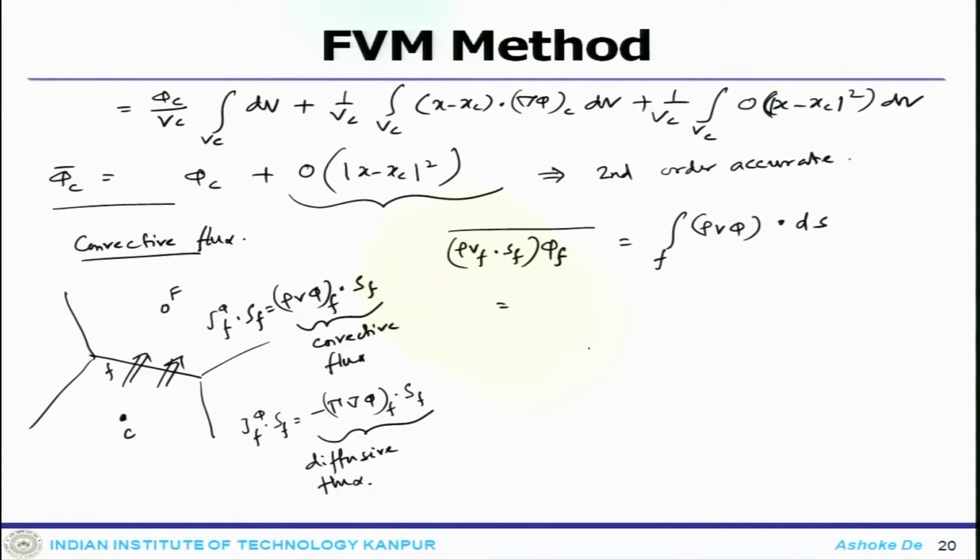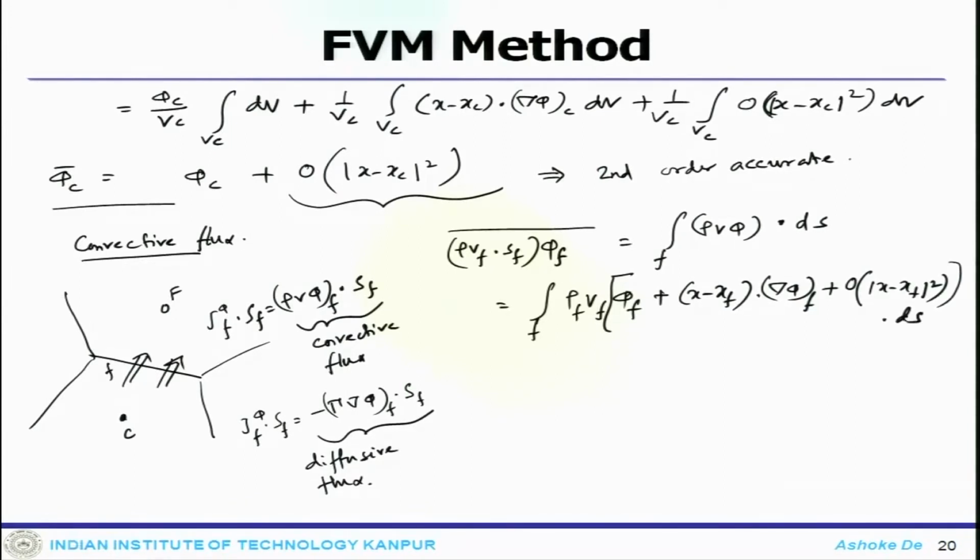Rather, you write rho f V f times phi f plus x minus x f dot delta phi f plus order of x minus x f square, dot dS.